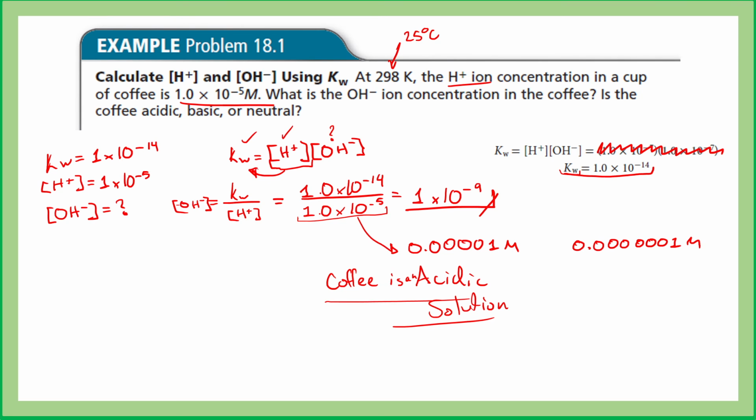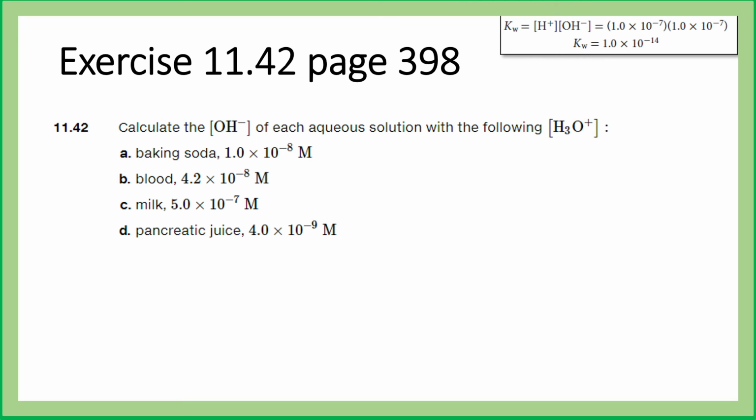Let's practice this. We have this exercise, and I'm going to finish doing the first two. It says calculate the hydroxide ion concentration of each aqueous solution with the following hydrogen ion concentration. Remember, hydronium ion is a synonym of hydrogen ion concentration. So we have these values.